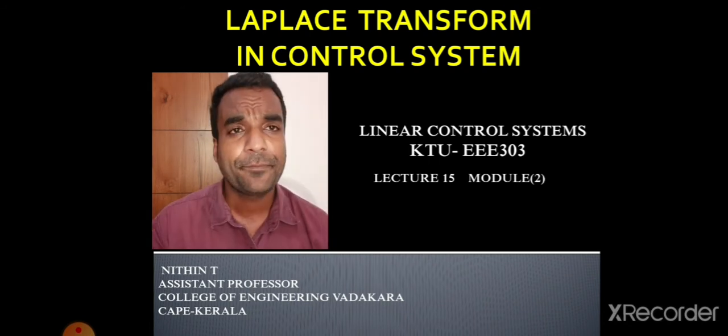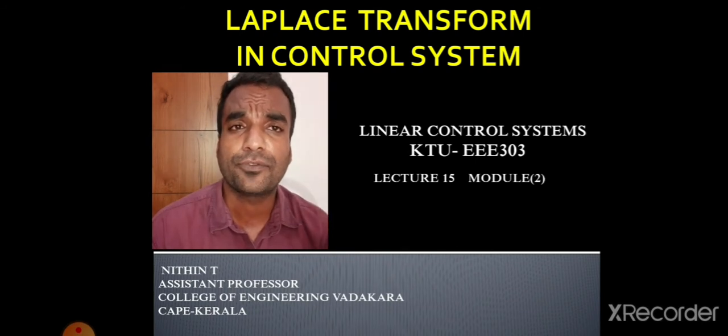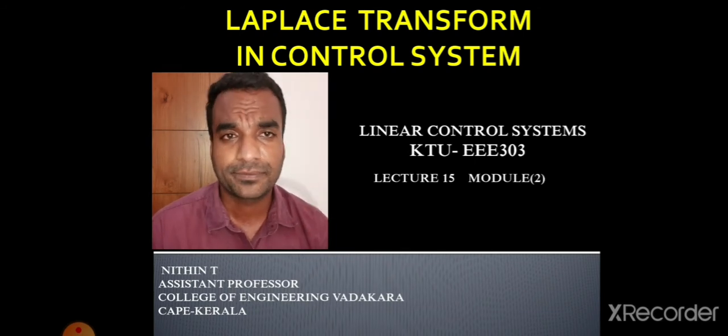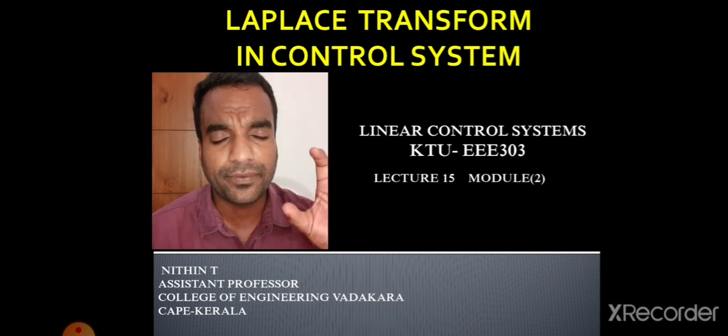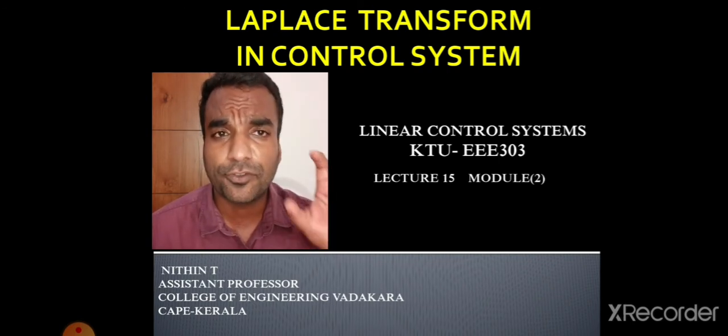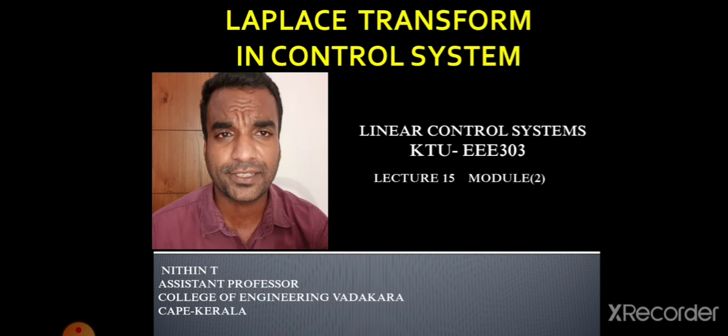So basically, Laplace transform and inverse Laplace transform are very, very important for control system problems. So before going into the details of problems related to second order system, it is compulsory to have some basic knowledge in Laplace transform and inverse Laplace transform.